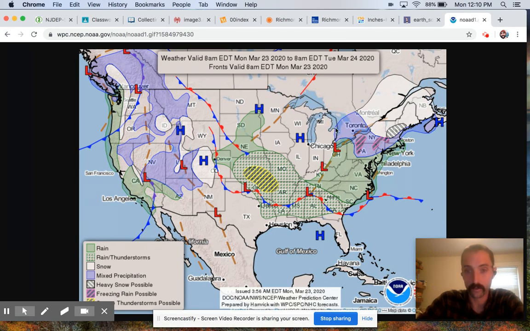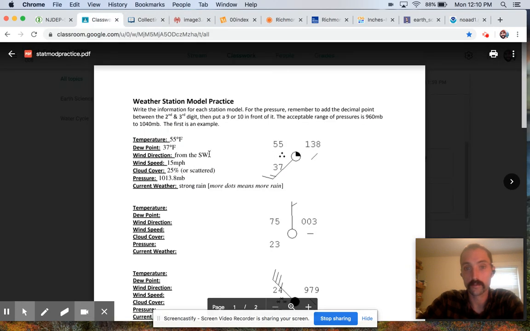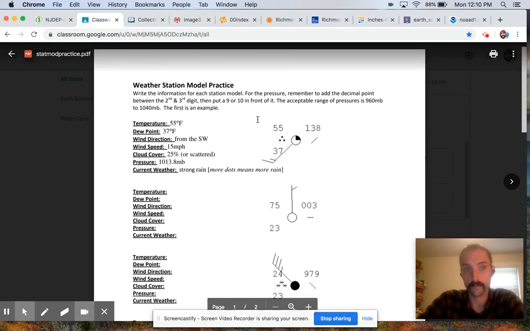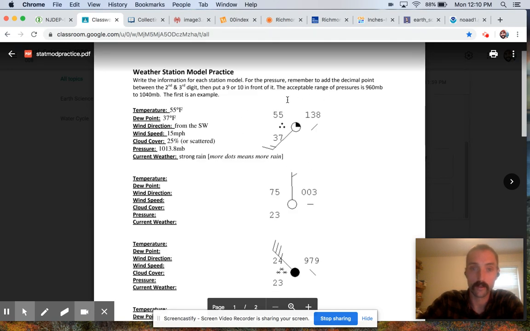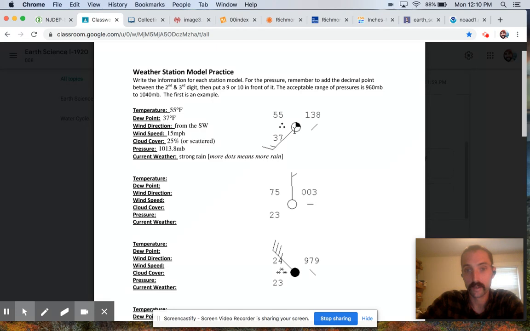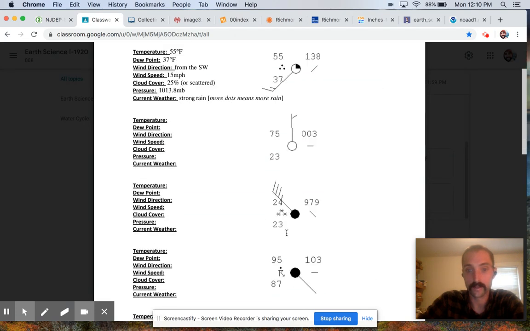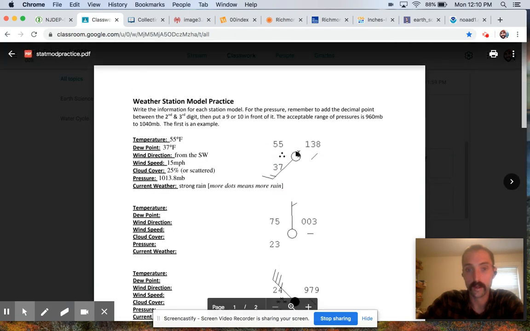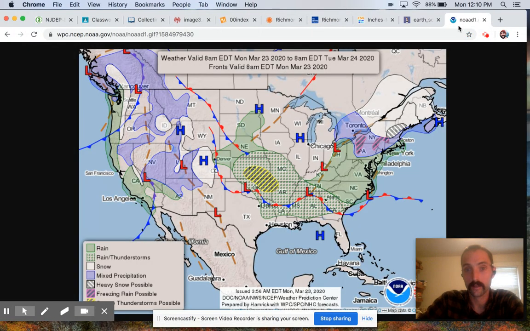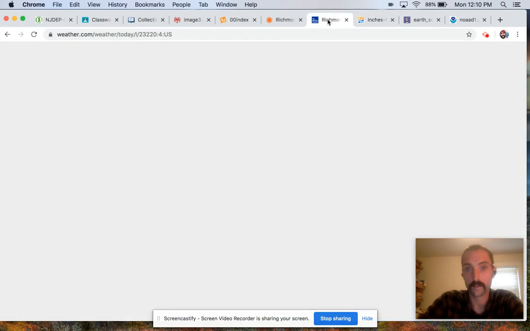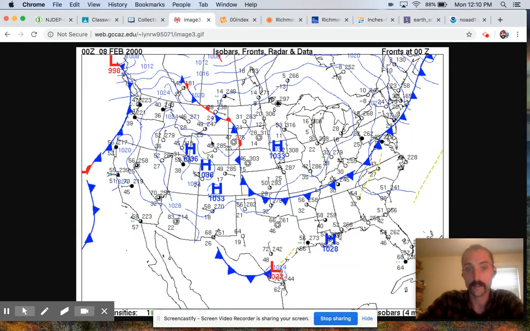Today, we're going to learn about something called a weather station model. On your Classroom, in your assignment, the station model practice, you have these funky looking stick figures with some numbers, some lines and dots, and some other symbols. Sometimes you may see weather maps that look like this one, but also weather maps that contain symbols.